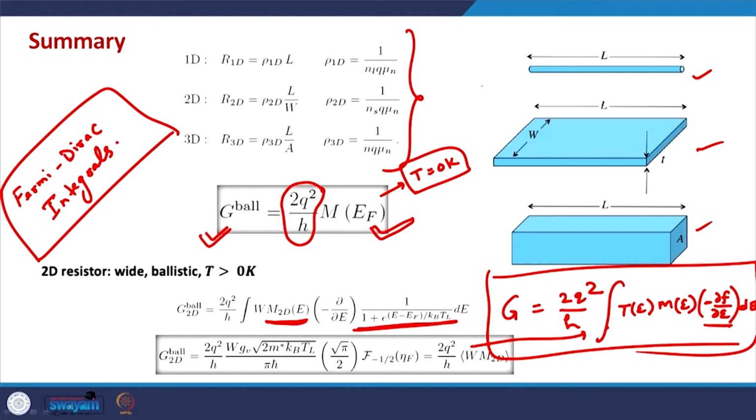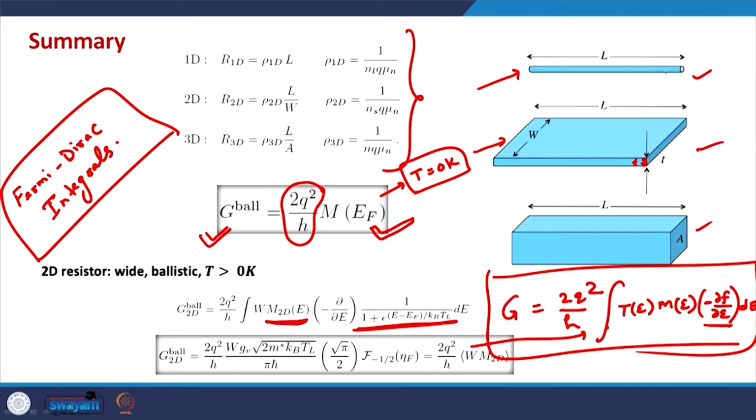We will briefly have a look at the practical 1D, 2D conductors, because till now we are assuming that these 1D and 2D conductors are ideal 1D, 2D conductors, but actually they are not, because a 2D conductor has a finite thickness, this thickness T, which leads to quantum confinement in this direction, and a 1D conductor has confinement in two directions.